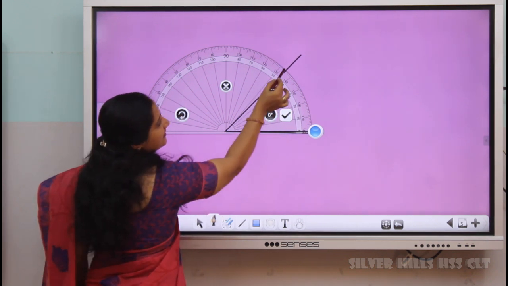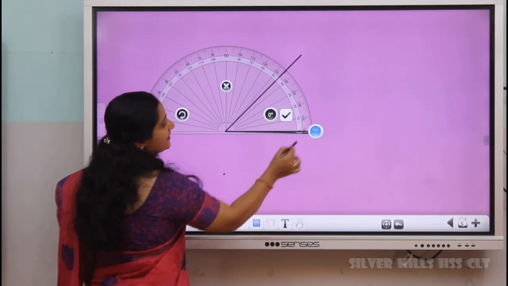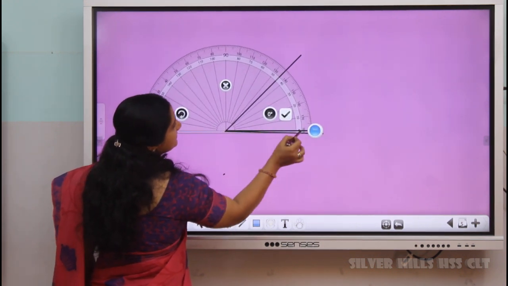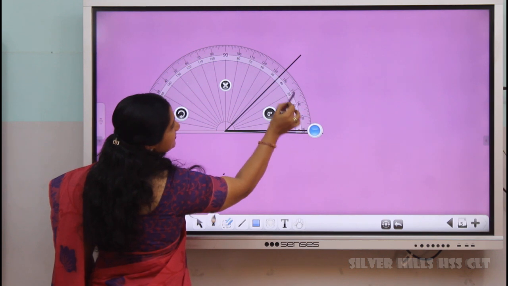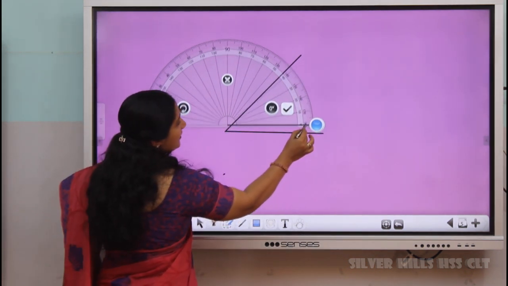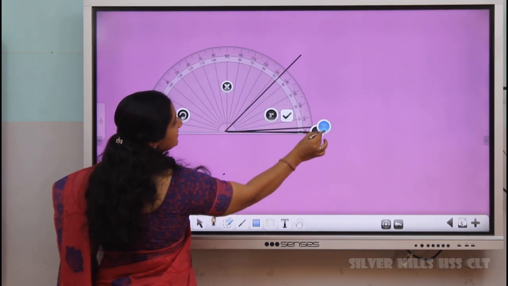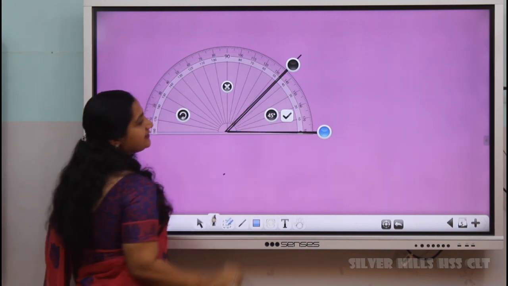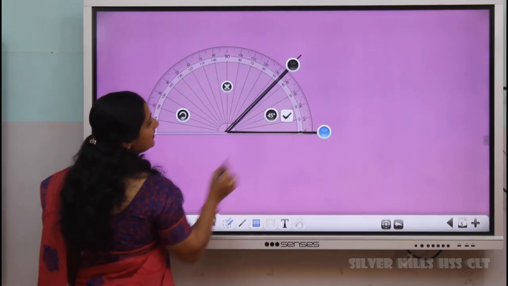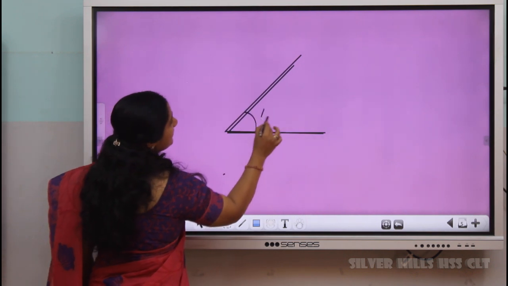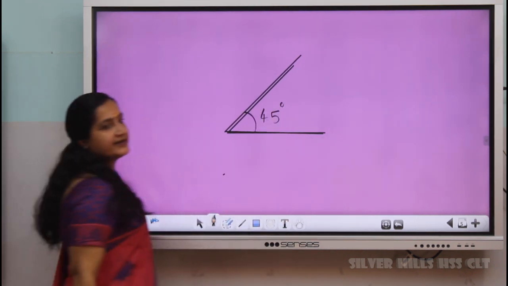Here it is exactly 45 degrees. Clear? 0, 10, 20, 30, 40, 45. Now, if I move this, you can see, children, it is given as 45. So, we can mark 45 degrees.